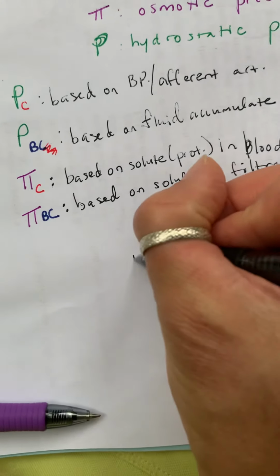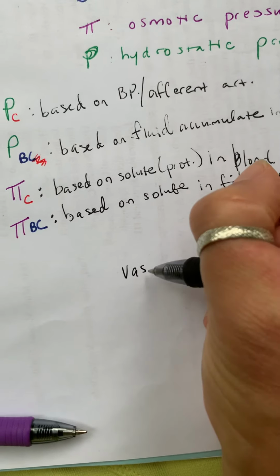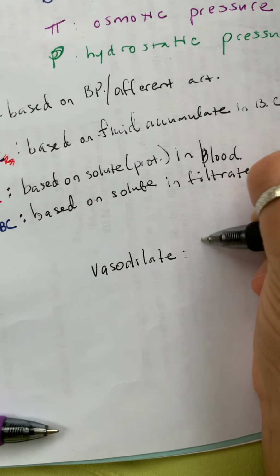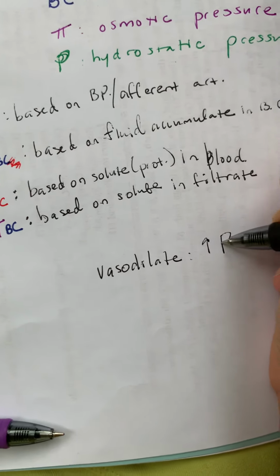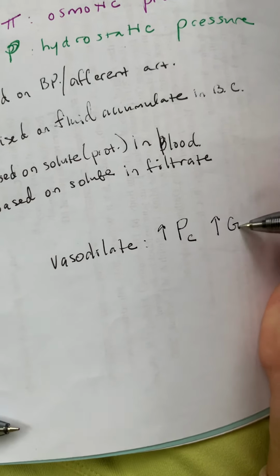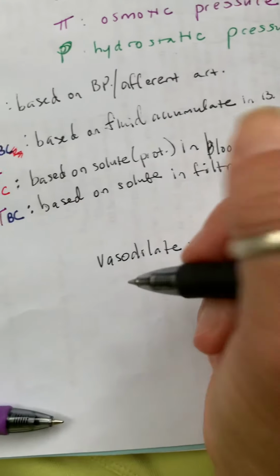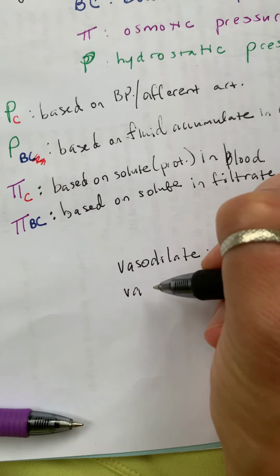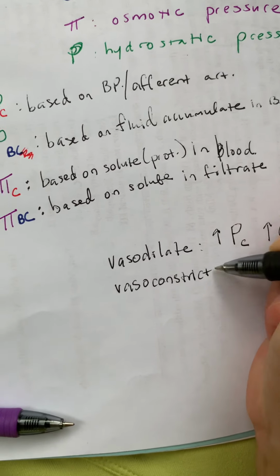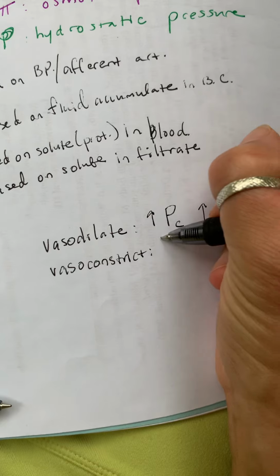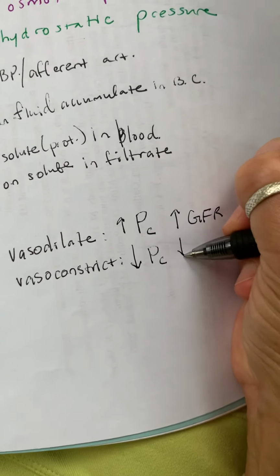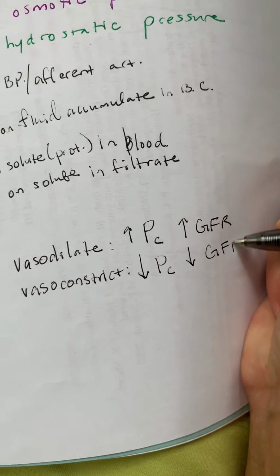And so if we make the afferent arteriole bigger and we vasodilate it, that's going to increase that hydrostatic pressure of the capillary and would eventually increase our glomerular filtration rate. Likewise, if we take our afferent arteriole and we vasoconstrict it, and we limit the amount of blood that's going into the glomerulus, that's going to decrease our overall hydrostatic pressure of the capillary and decrease our glomerular filtration rate.